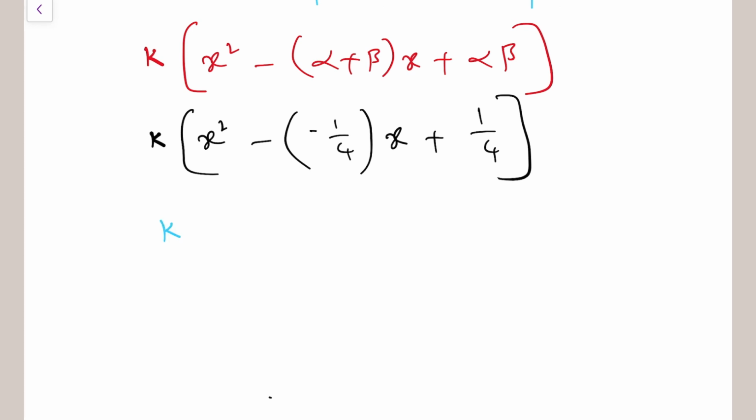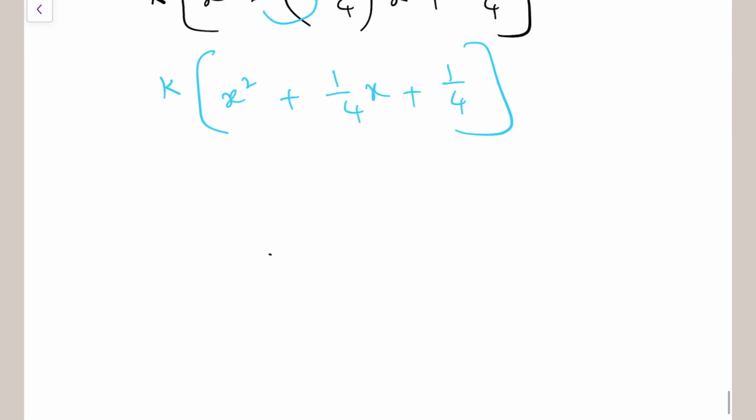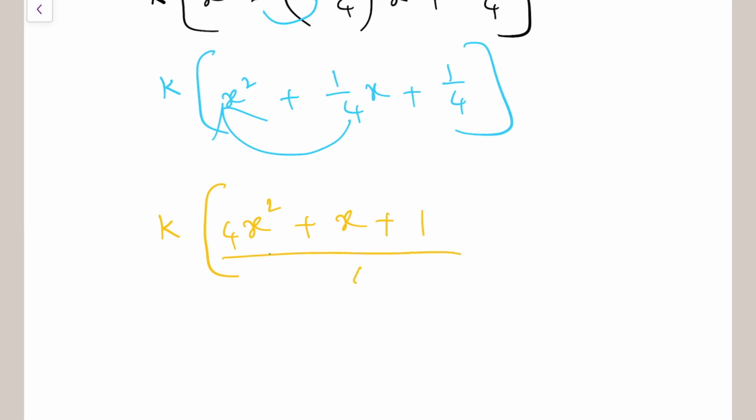So next is k as it is x square minus into minus, plus 1 by 4 x plus 1 by 4. Here both the denominators are same, right? So this denominator just multiply with the first number also. So we will get k into 4x square plus 1x plus 1 divided by 4.